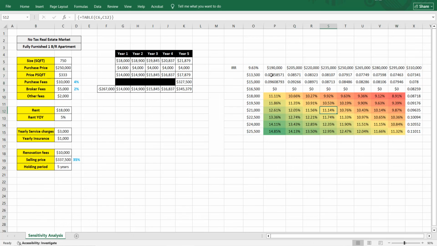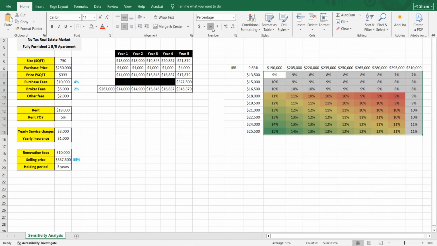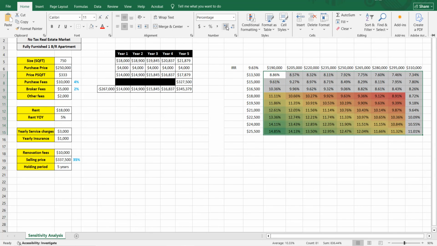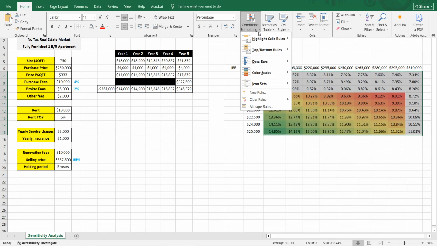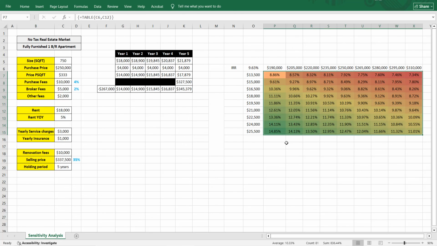Because previously I used conditional formatting and also the percentage, in this case we are going to do the same thing, 2 digits. To create the colors, we go to conditional formatting, color scale, and we select the lowest value with red and the highest value with green. And like that we get our sensitivity analysis table.